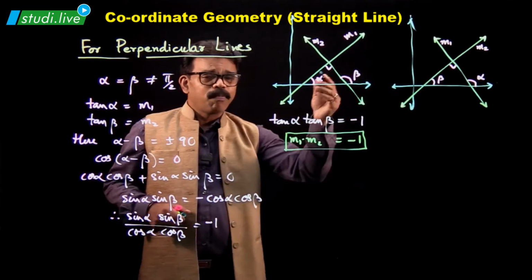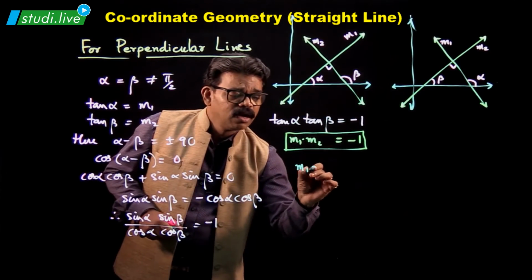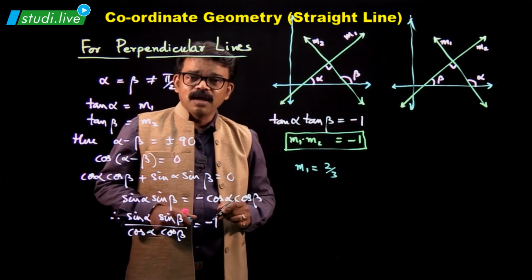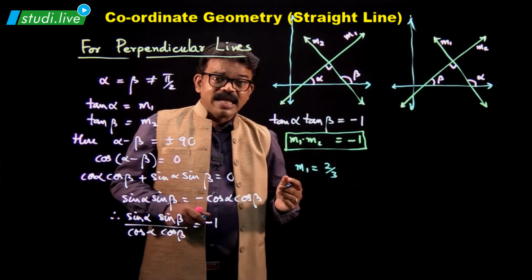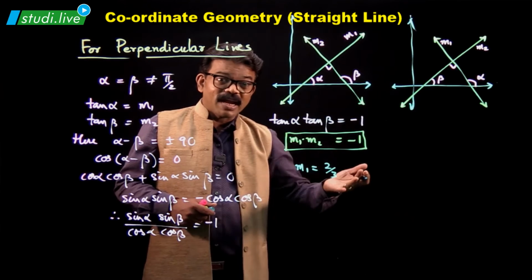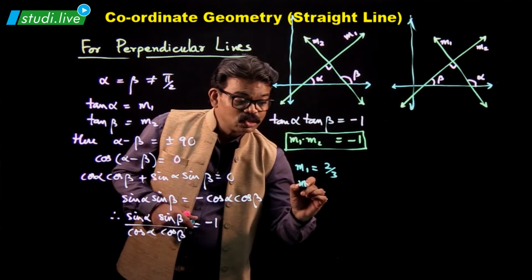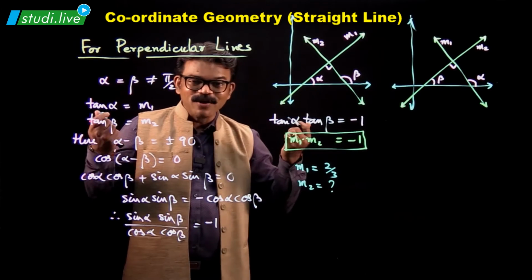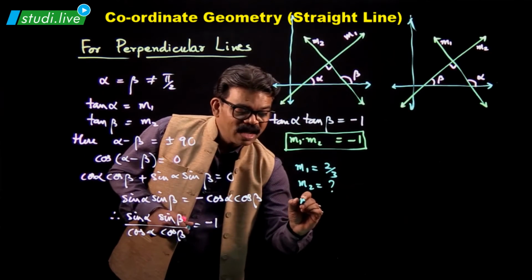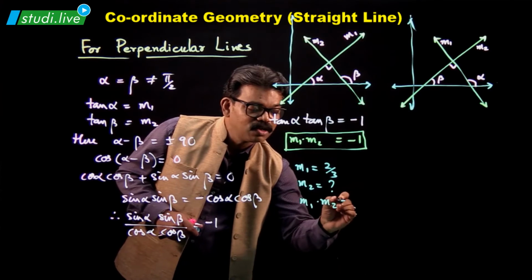Suppose the slope of one line given is 2 by 3. And they asked me the slope of the other line which is perpendicular to it. Suppose I consider that slope as M2. Now I know the formula. So what would I do? M1 into M2 is equal to minus 1.